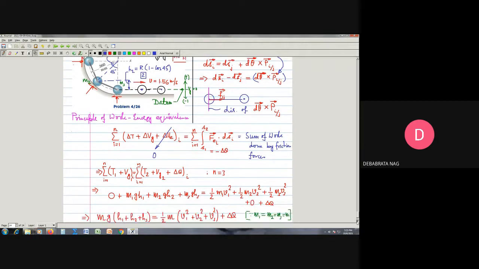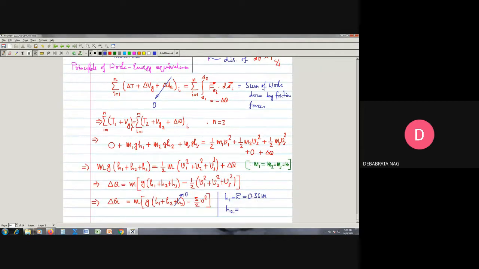So H2 is equal to R into 1 minus cos 45 degree, that is 0.36 into 1 minus cos 45 degree meters. That is the height for the second sphere.